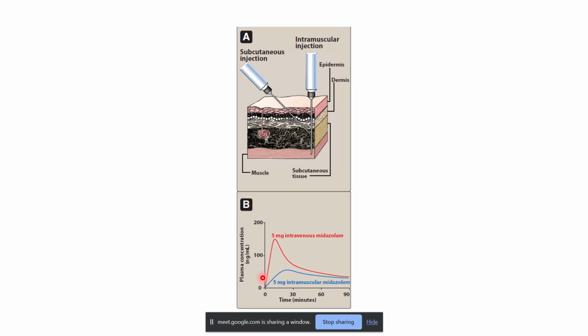You can see that the intravenous injection will give a higher concentration and faster, while the intramuscular injection will lead to a slower increase of the concentration in the plasma because of the absorption from the site of injection.